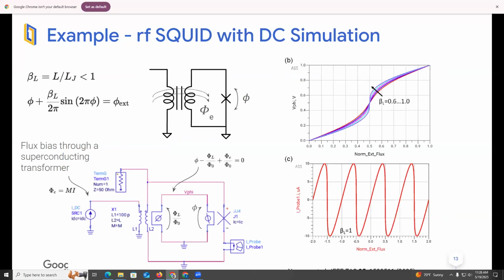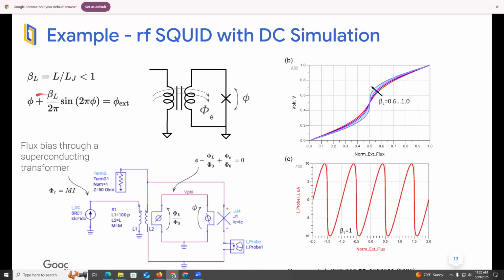So let's go into some examples. I want to show you a few simple circuits that use that methodology and show you that they actually work. The first one is a SQUID. This simple circuit has one junction, one inductor. We can couple flux into that loop.